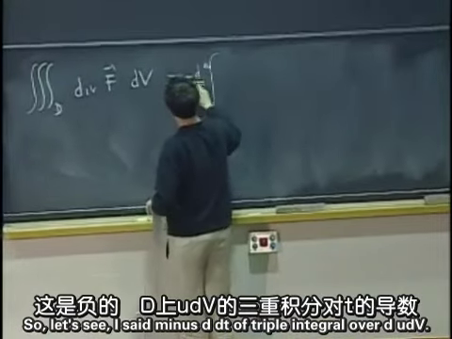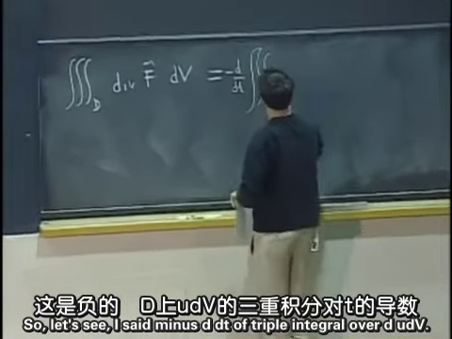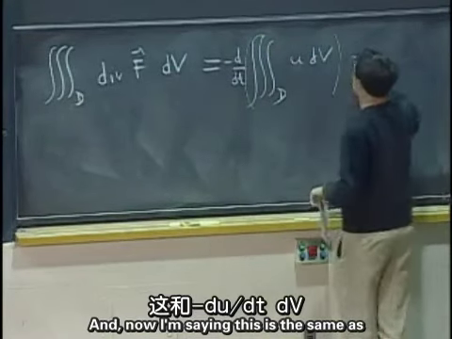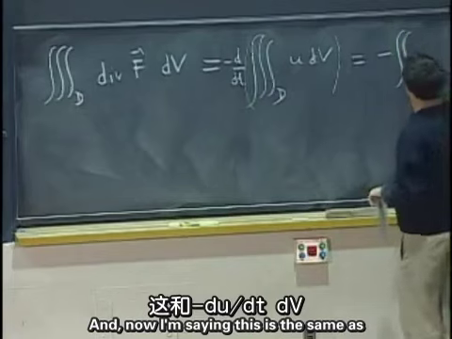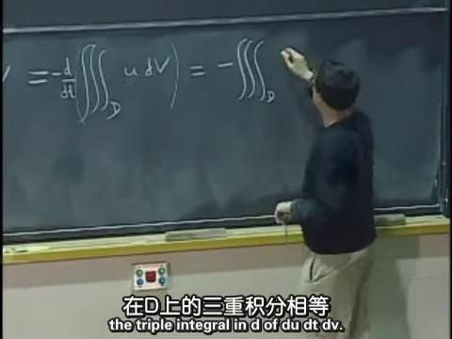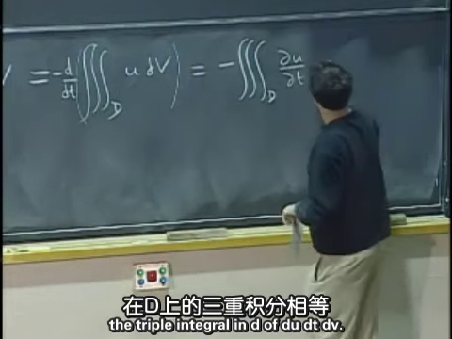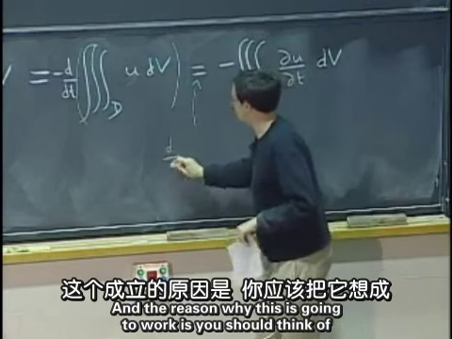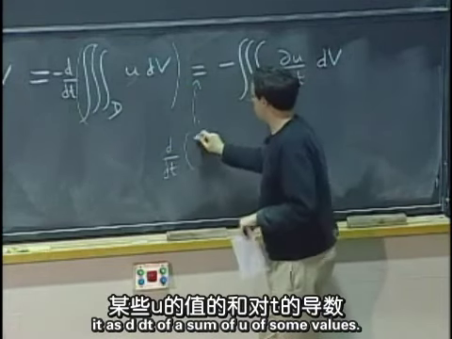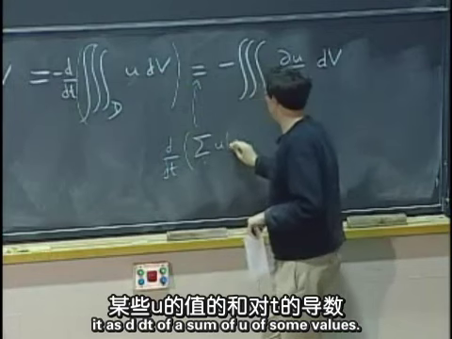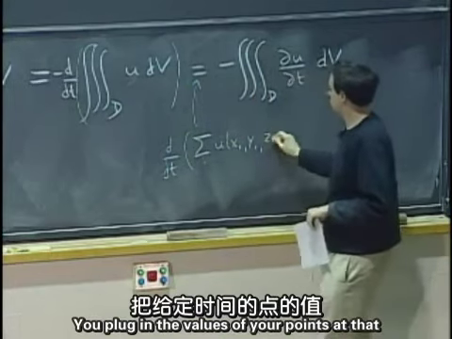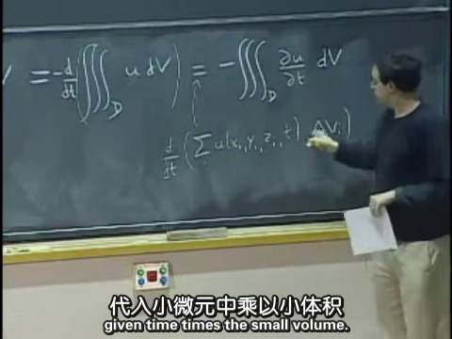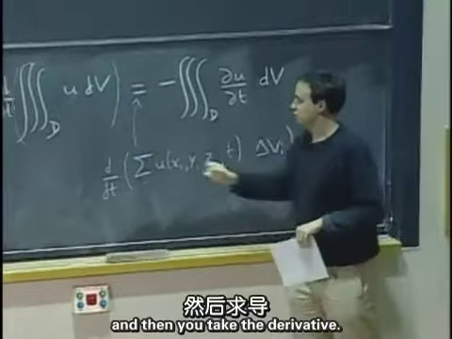So let's see. I said minus d/dt of the triple integral over D of u dV, and now I'm saying this is the same as the triple integral over D of ∂u/∂t dV. And the reason why this is going to work is you should think of it as d/dt of a sum of u of some values. You plug in the values of your points at that given time times the small volume, you sum them, and then you take the derivative.